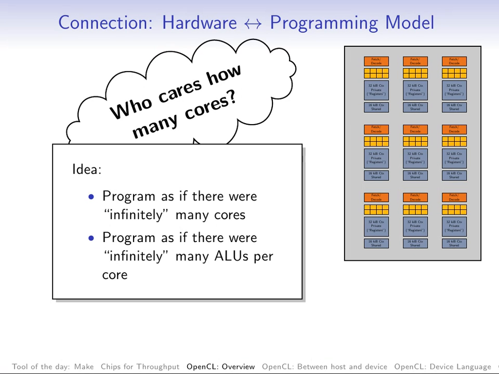Honestly, the same thing applies to the number of vector lanes too. It's not really information that you care deeply about. You sort of know how the parallelism works at that level, but you don't really want to know how many there are. So what we're going to pretend instead is that there are infinitely many cores and infinitely many vector lanes.